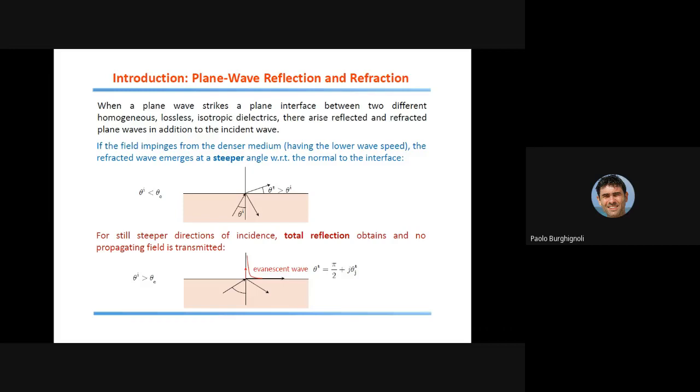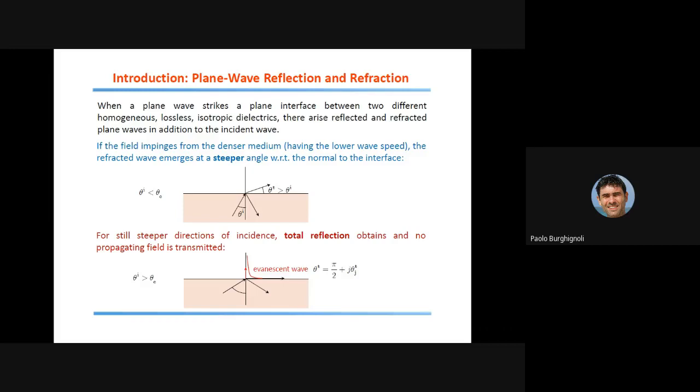Now, it's interesting to see that if the field impinges from the medium where the speed of the wave is lower, that is the optically denser medium, then the refracted wave emerges at an angle which is larger than the incident wave with respect to the normal direction to the interface.